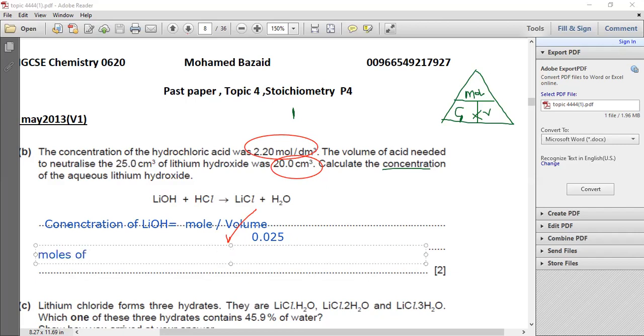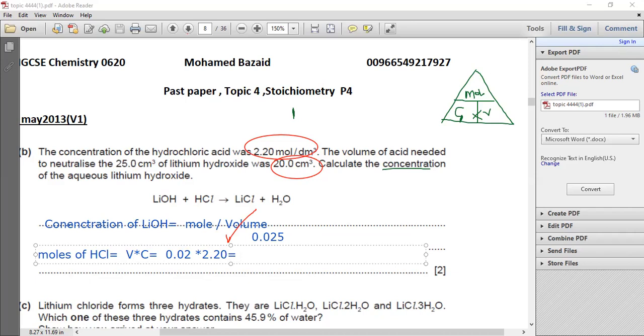Moles of HCl equals volume multiplied by concentration. The volume is 20, but divide by 1000, 0.02. Multiply by concentration, 2.20.